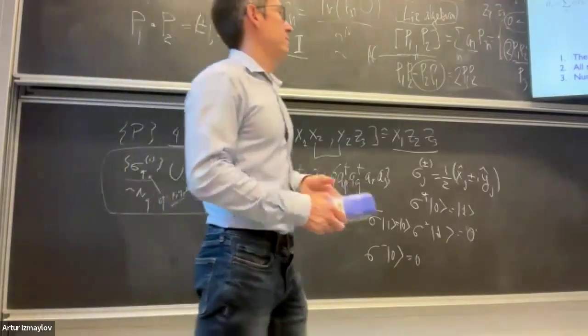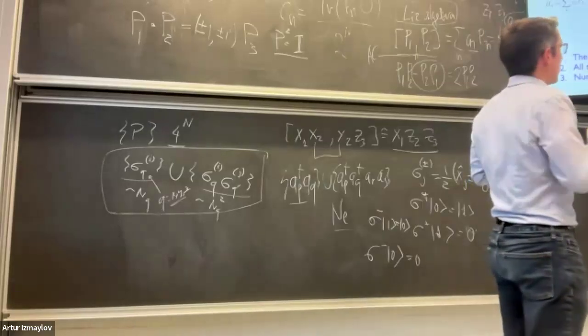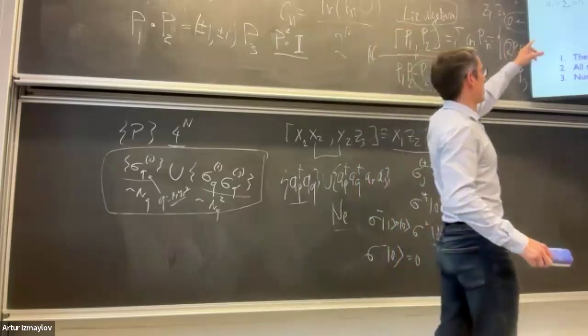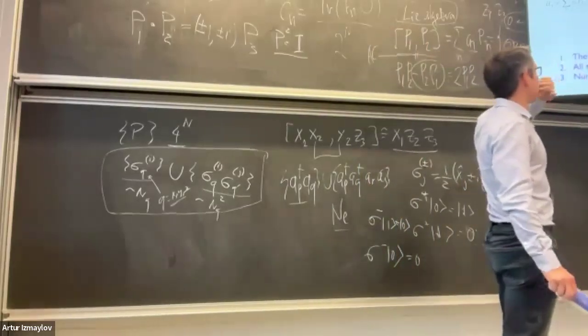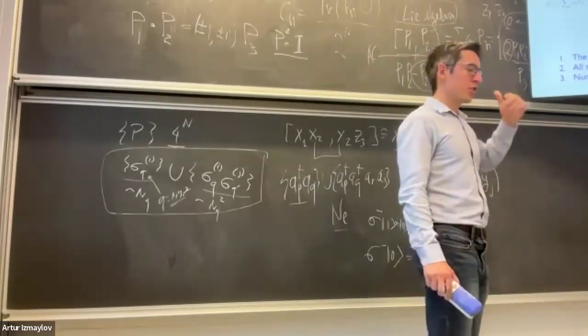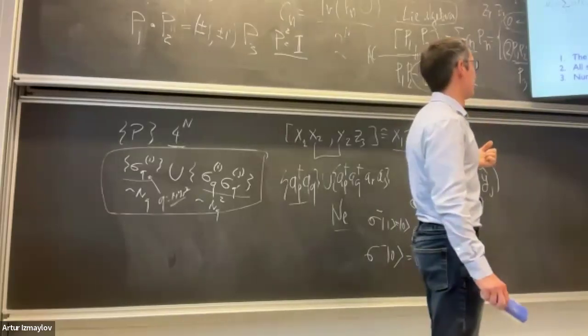But there are some differences in the terms that we're getting after switching to qubits. If we compare Pauli products with the products of creation and annihilation operators, they of course have different symmetry properties.